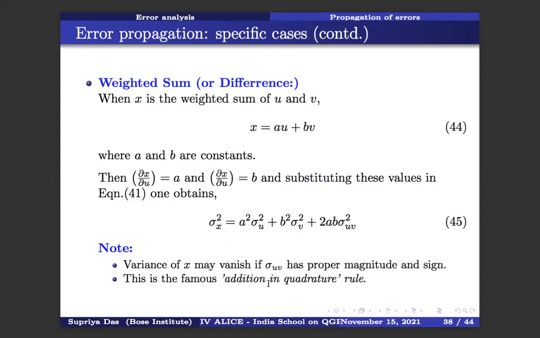So this is the famous addition in quadrature rule. And if you add in quadrature, there is an advantage: this actually minimizes the spread. If you take a numerical example and square them, you will see that the variance actually reduces.